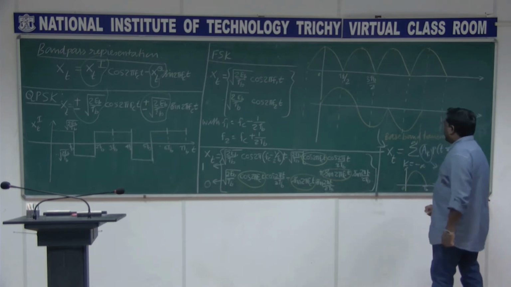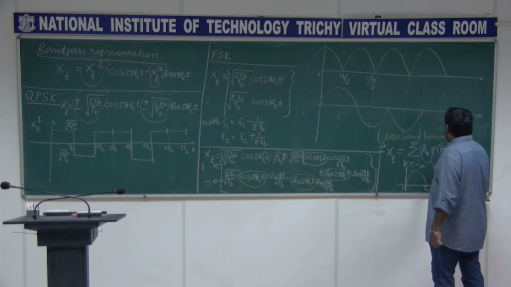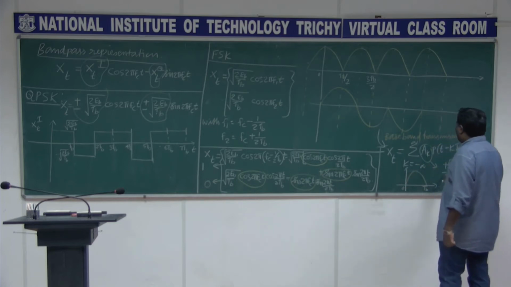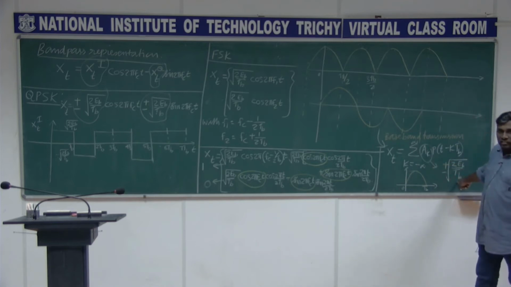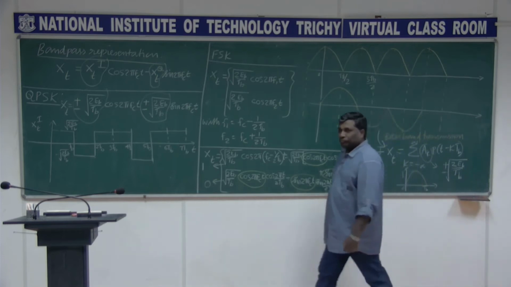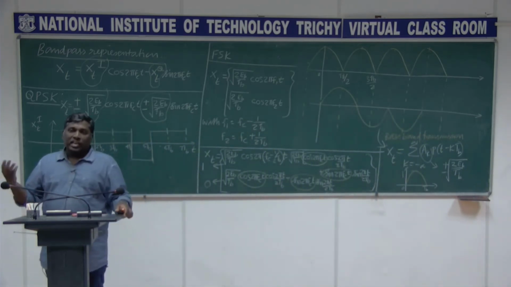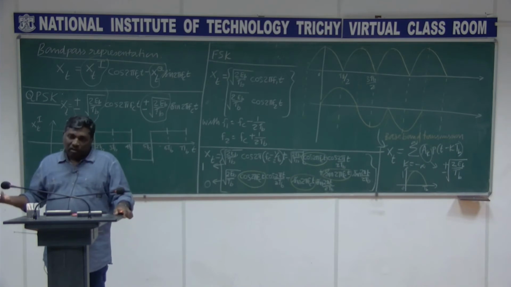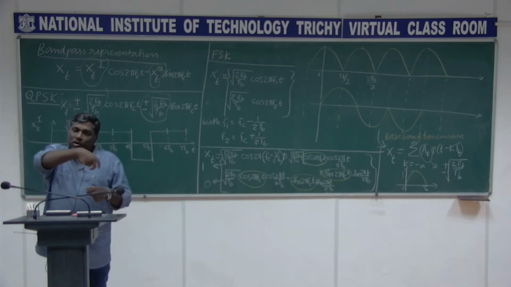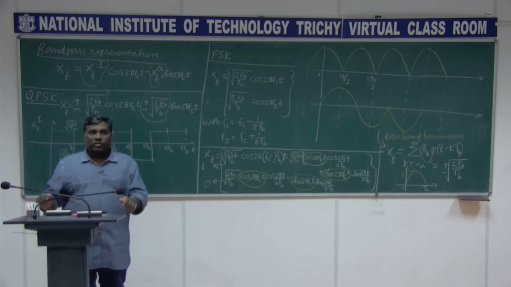This is the pulse, the amplitude is there. So I have taken this plus or minus with some amplitude. Let me put this amplitude as 1. So a_k takes either plus or minus 1, and this amplitude you bring to the pulse. Both are the same, but that's fine, that's not going to affect the result.